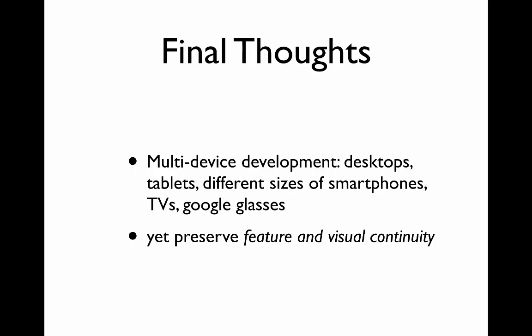Across all these different versions of websites and form factors, we want to have a similar look and feel. We want to preserve feature and visual continuity. As you move across different websites, you want to use the same color schemes and have a similar look and feel across all these different form factors.